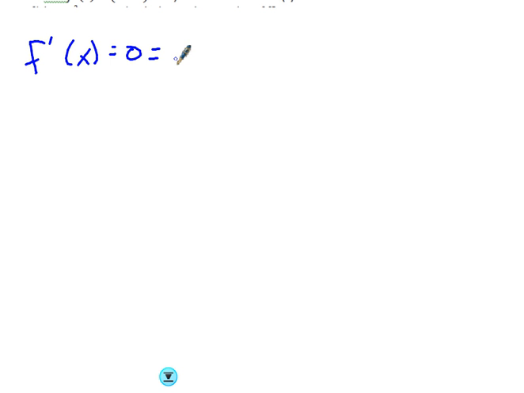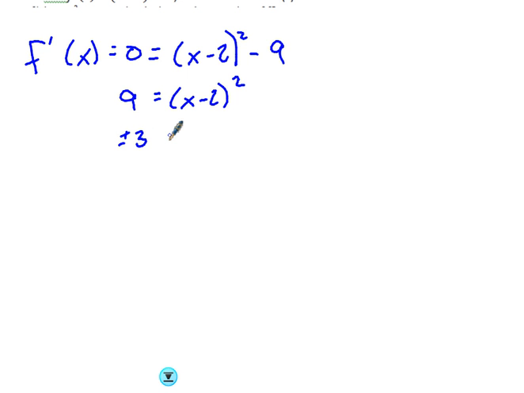So we set f prime of x equal to 0, so this is (x minus 2) squared minus 9 is going to be equal to 0. So we can go through and solve this by adding 9 to both sides and say 9 is equal to (x minus 2) squared. We can take the square root of both sides and say plus or minus 3 is equal to x minus 2.